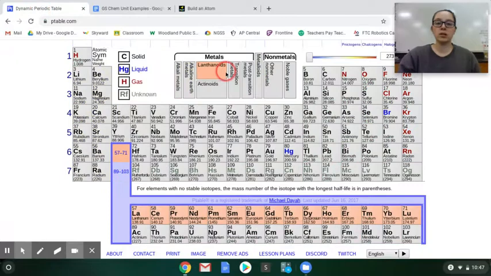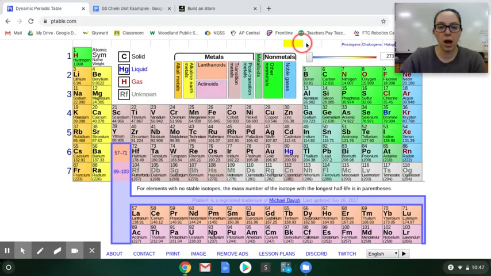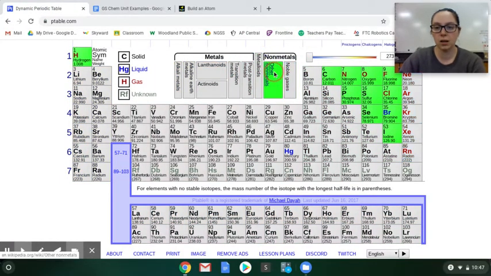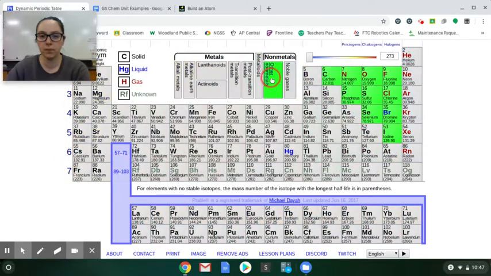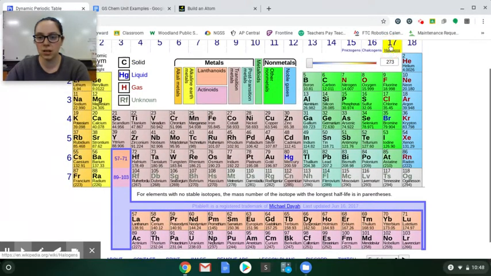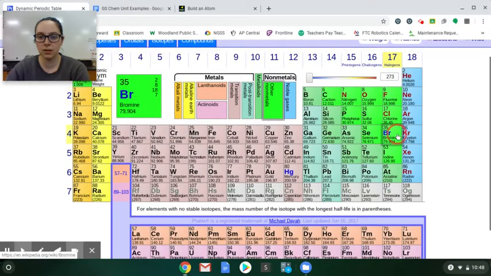So in our dynamic periodic table, I'm going to look at the nonmetals. Great. In my nonmetals, I know that my halogens are right here, group 17, my halogens. So I know that this element that I'm trying to find is in this column right here.